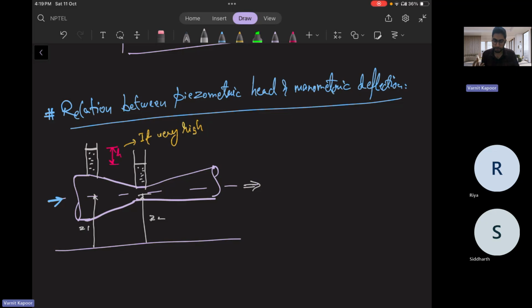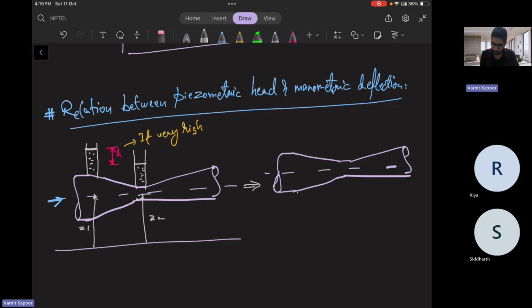You attach a manometer instead of the piezometer here. So now my Venturi will be like this. Now it will be attached to a manometer.